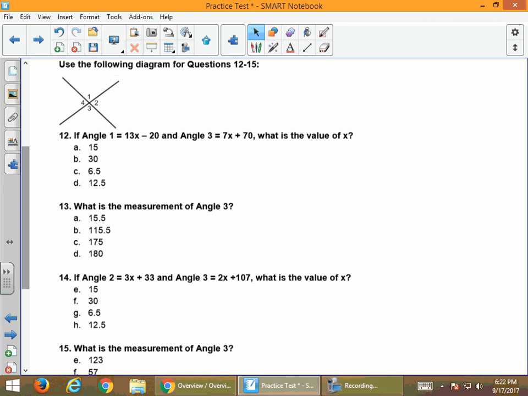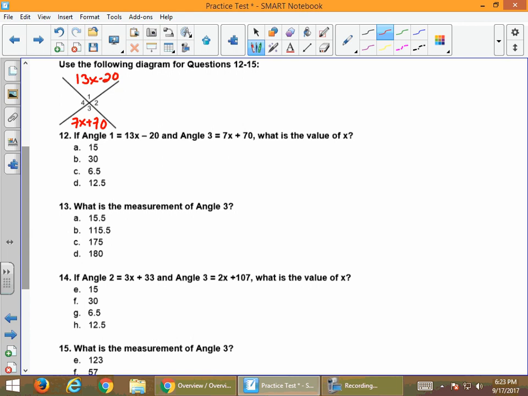And then 12 through 15, we're going to use the same picture here just as a frame of reference. It says angle 1 is 13x minus 20, and angle 3 is 7x plus 70. And what they want us to do is solve for x.